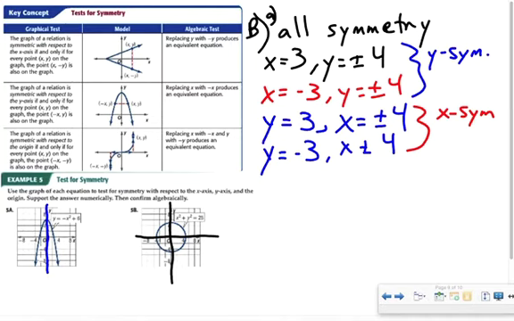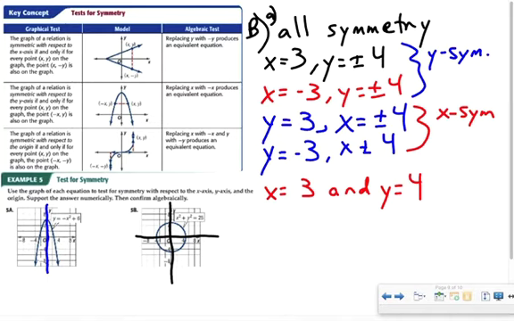And then finally, if I replace both x with negative x and y with negative y, I end up with an equivalent equation. Okay, so if I have that x equals 3 and y equals 4, we already know that that is a point in our graph.